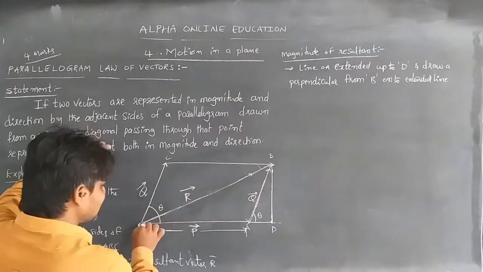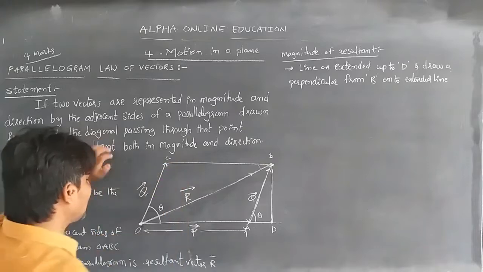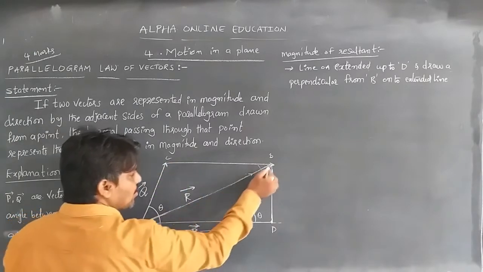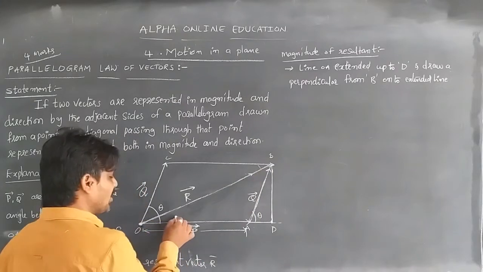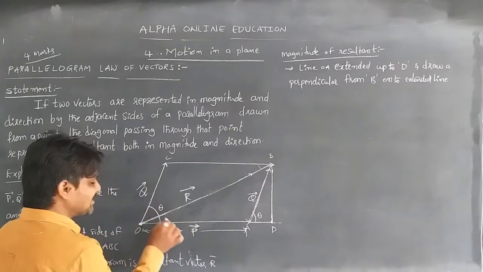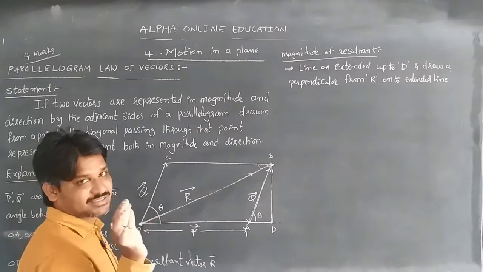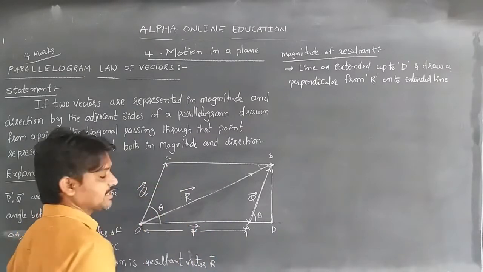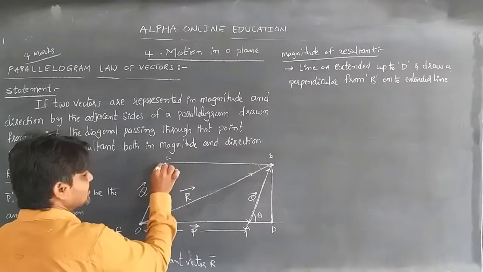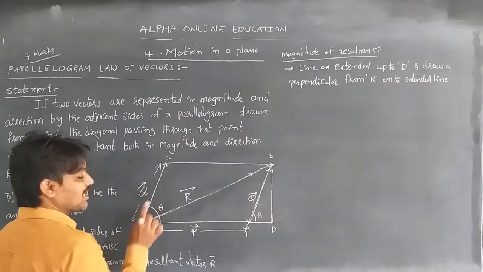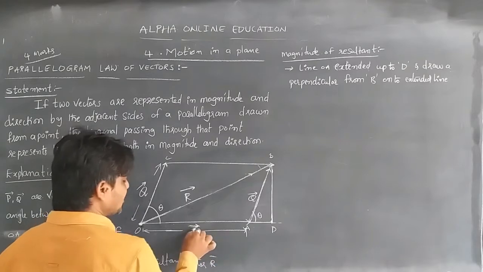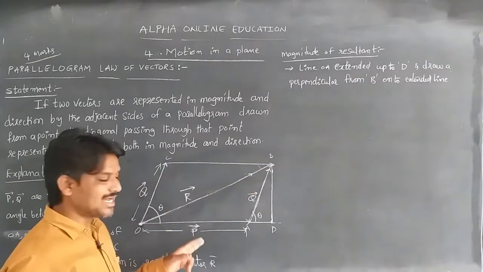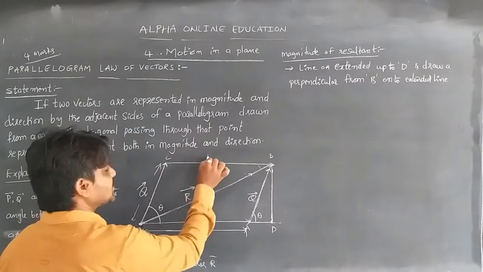OA and OC are the two adjacent sides of a parallelogram, and OB is the diagonal of this parallelogram. These two adjacent sides represent the vectors. This one is the vector P bar, and this one is the vector Q bar, and these are their magnitudes. The parallel line CB is parallel to OA, so this is also P bar.